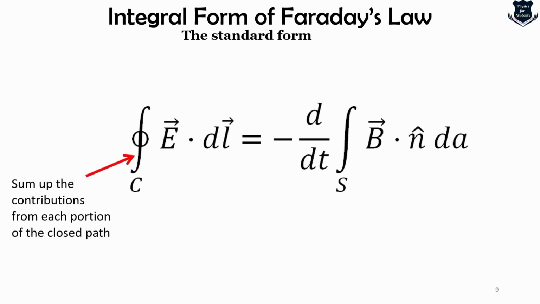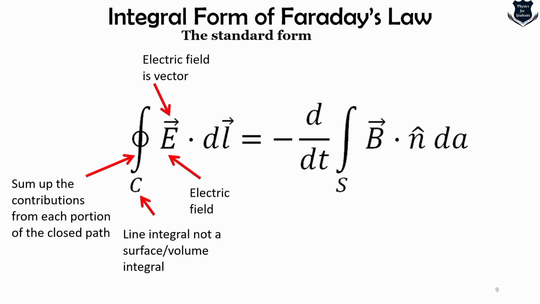This actually shows the sum of contributions from each portion of the closed path. This C shows that it is a line integral. Remember, it is not a volume integral. This is the electric field, and this arrow obviously shows it is a vector field. The dot product is to find the part of E which is parallel to dl.